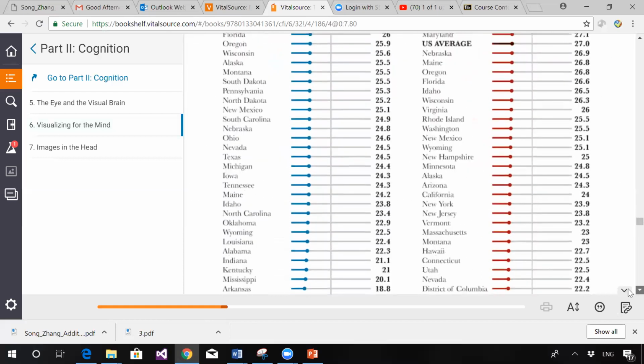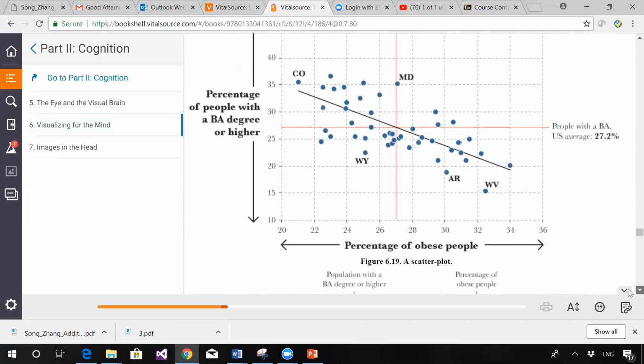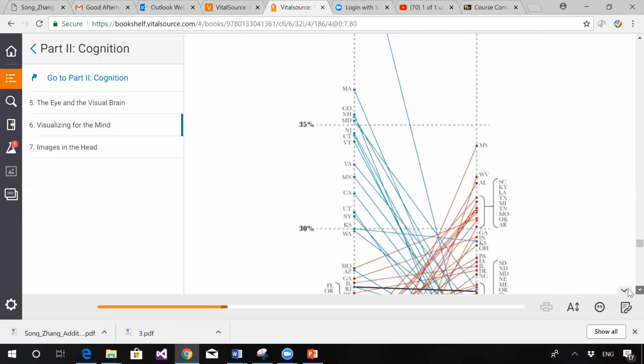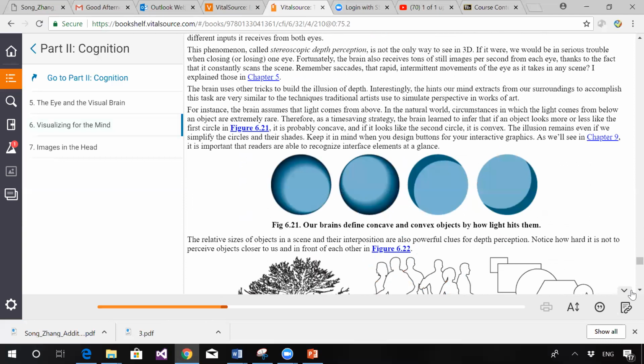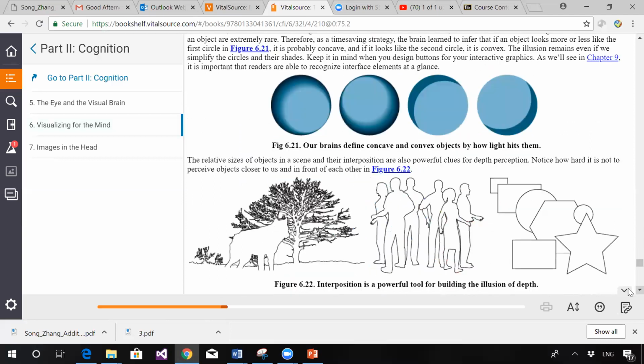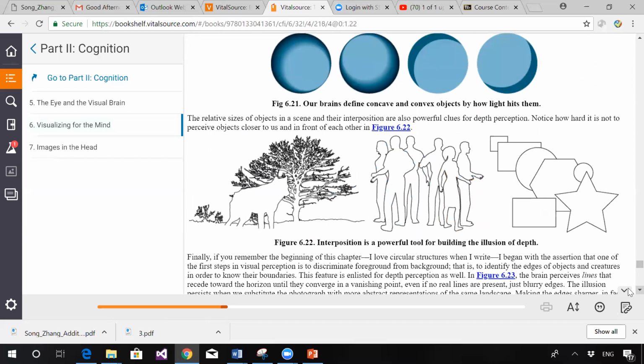Okay, let's continue. We can also use other methods to show the difference for analysis purposes. At the end of the chapter, it shows us that when trying to distinguish things, sometimes depth is also involved, because our eyes and brains work together to distinguish objects, sometimes by imagining the space as three-dimensional.